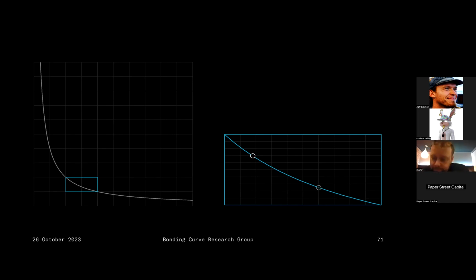Now, these amplified curves behave exactly the same as unamplified curves in the sense that there is one curve to describe all swaps. So if you are on this amplified curve, for example, and you are trading delta X tokens into it and extracting delta Y tokens from it, you will move the price.